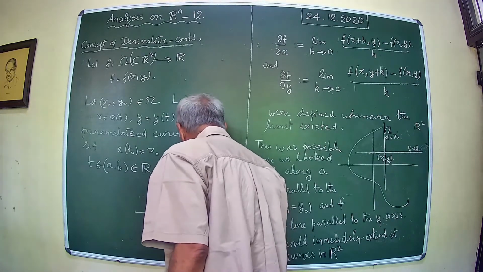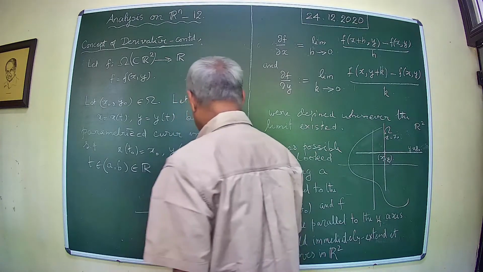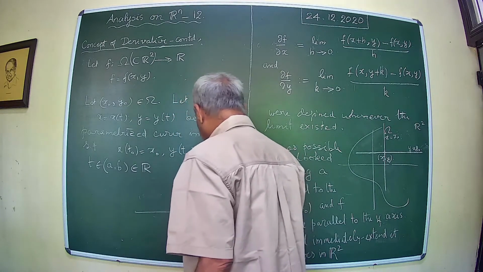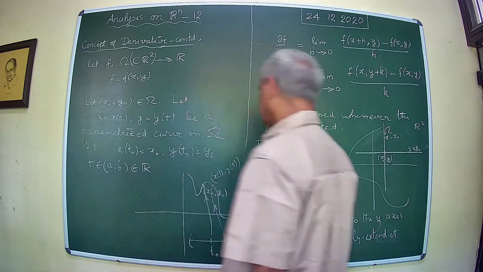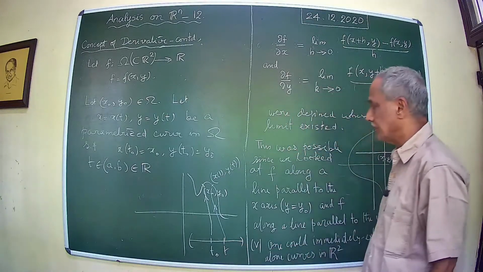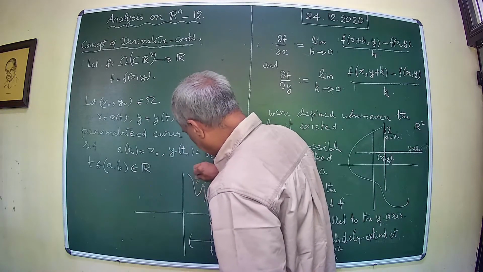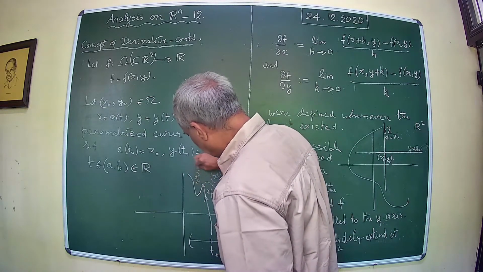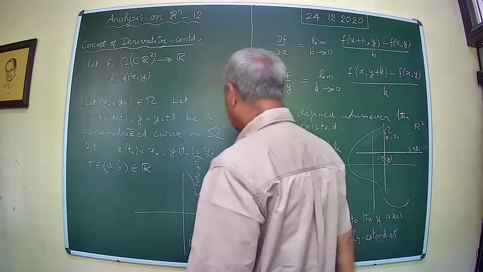Now t naught is mapped to this point, and a general t is mapped to this point. That is (x(t), y(t)), and this is x naught.